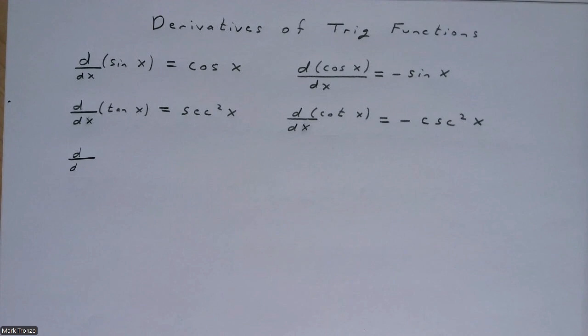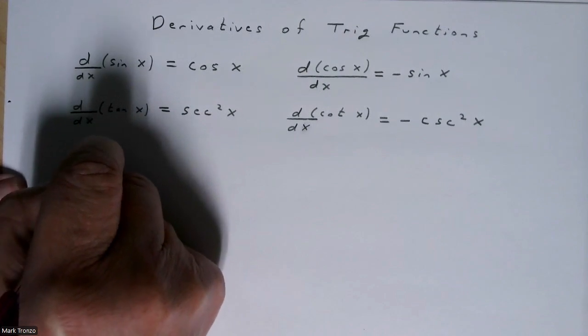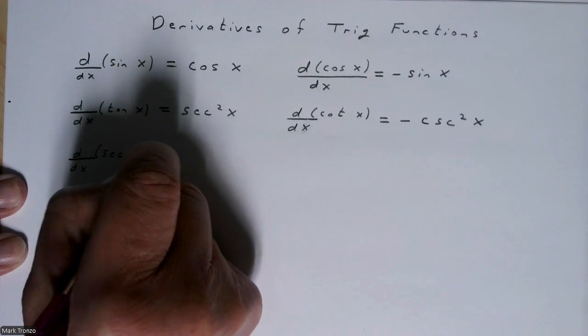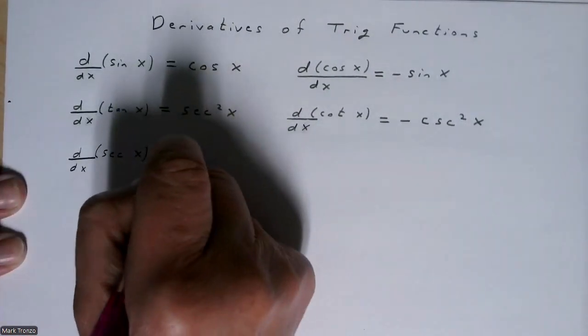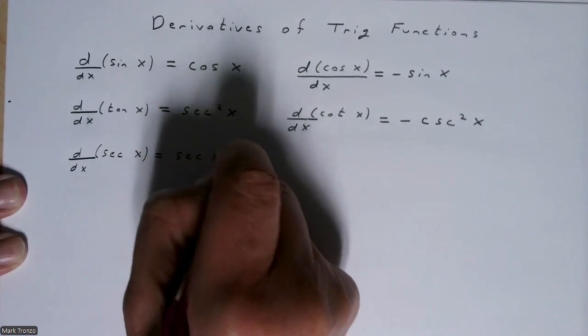Next, let's look at the derivative of the secant. The derivative of the secant is the secant times the tangent.